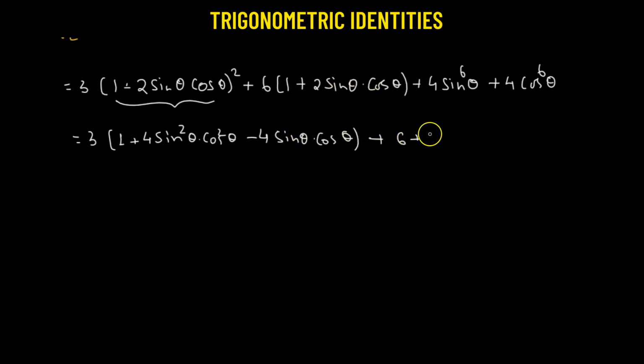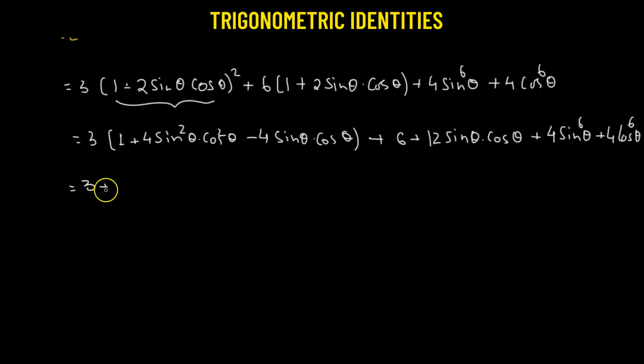That gives us 6 plus 12 sine theta times cosine theta, and the rest of the terms we have are 4 times sine theta whole raised to the power of 6 plus 4 times cosine theta whole raised to the power of 6. So let's distribute 3 with each of the terms.